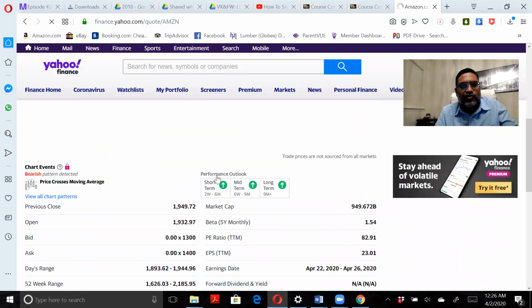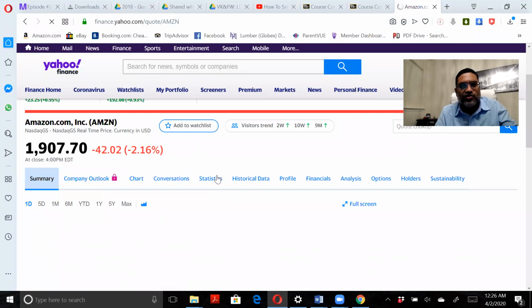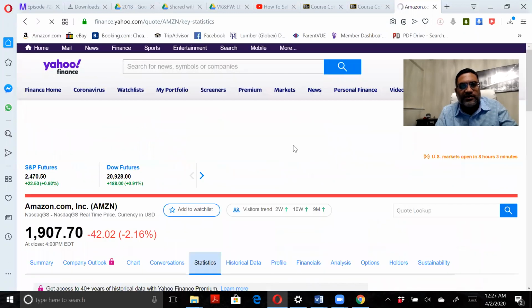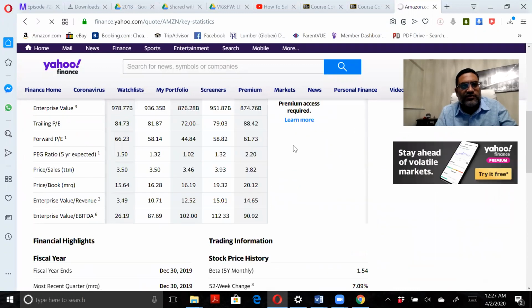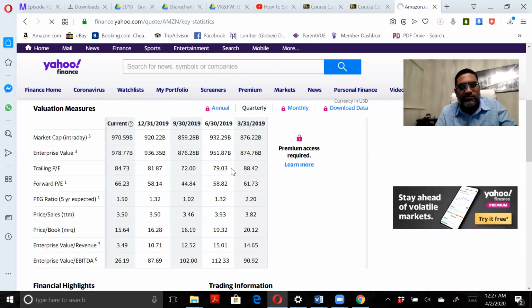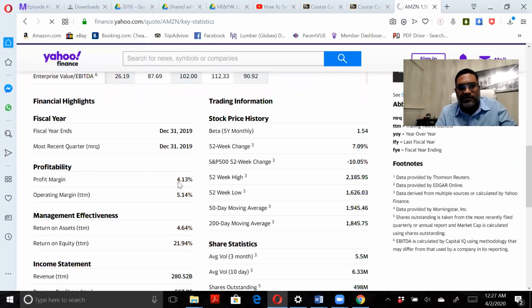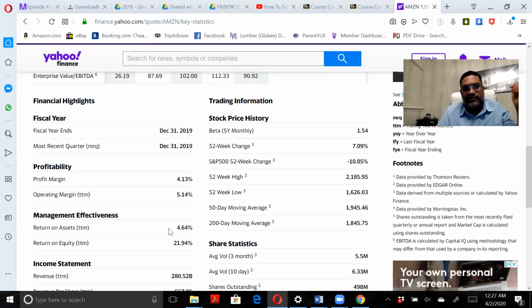Here you will make sure you go to statistics, and you'll get some important information about the company, which is the market cap. And the interesting part is the profit margin, okay? You can also look at the management effectiveness, which is the return on assets and return on equity.